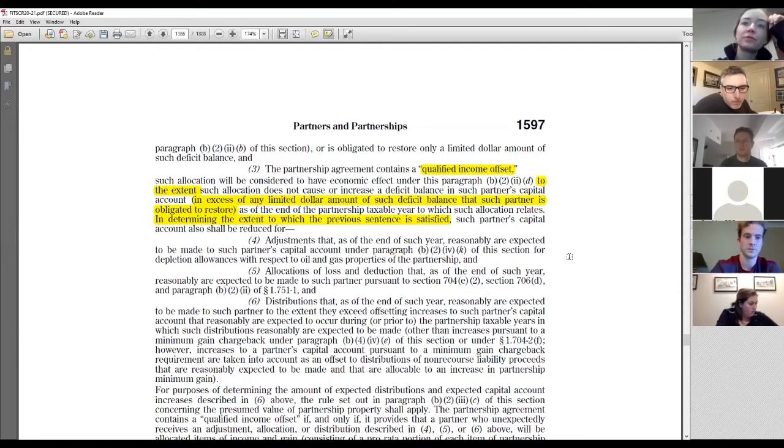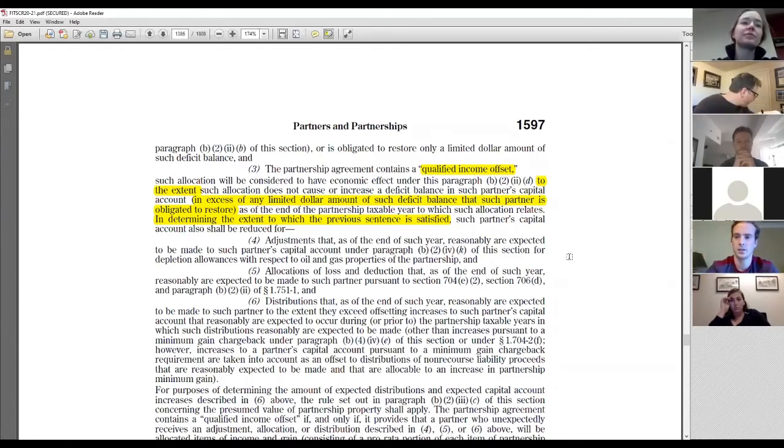Before we get into the language, let me talk about what the reg writers were concerned about. Remember, your capital account goes down when you get allocated losses and deductions. And we can stop that from going negative, impermissibly negative. By impermissibly, I mean not supported by an LDRO. It's easy to do that. We just won't let you take those losses.